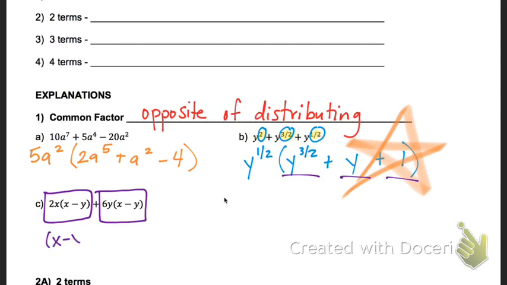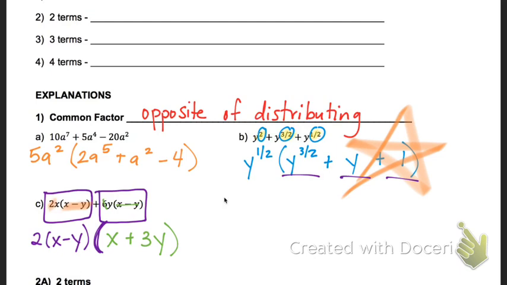What else do they both have in common? A 2. Perfect. So when I pull out 2 and x minus y, I'm left with what? X. When I pull out 2 and x minus y, I'm left with 3y.